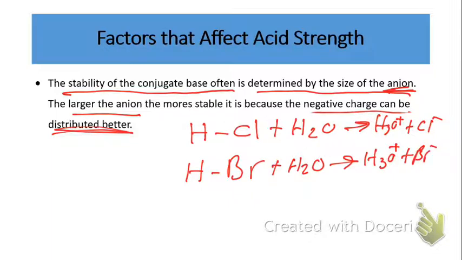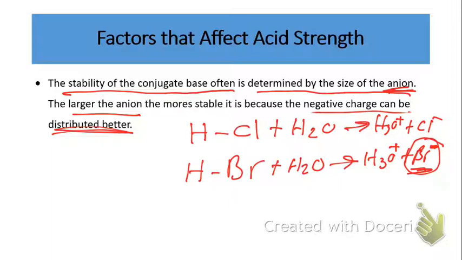Now, due to the fact that the bromide ion is a bigger atom than the chloride, the bromide conjugate base should be able to hold negative charge better, and therefore it is more stable.